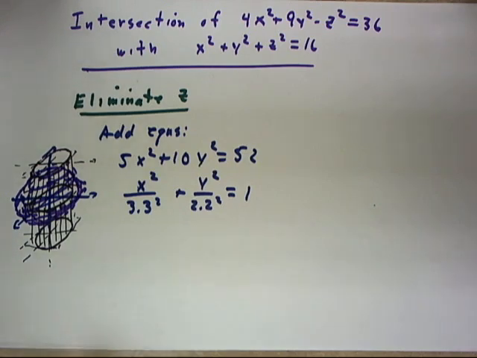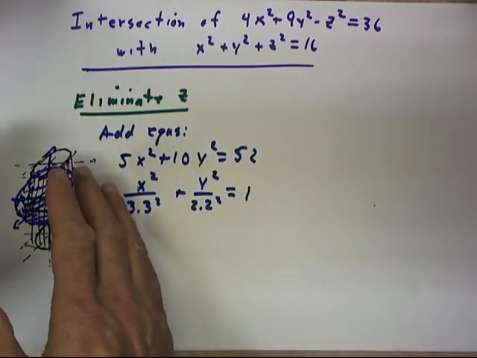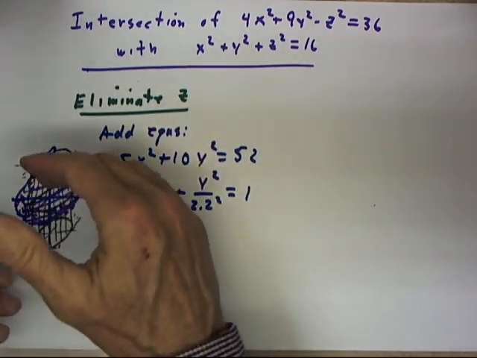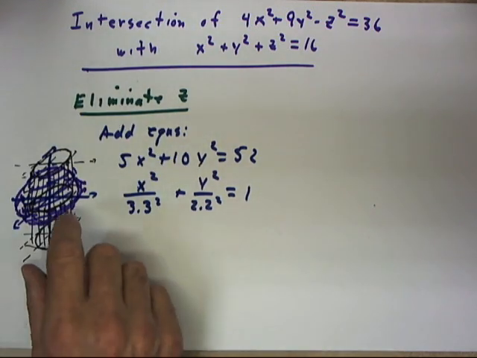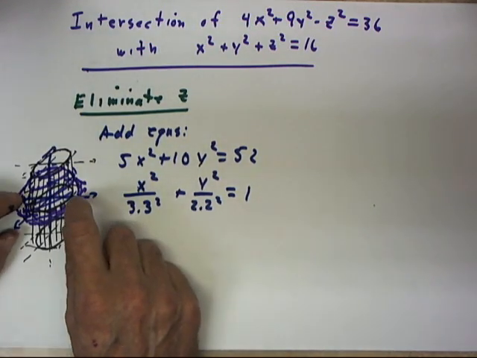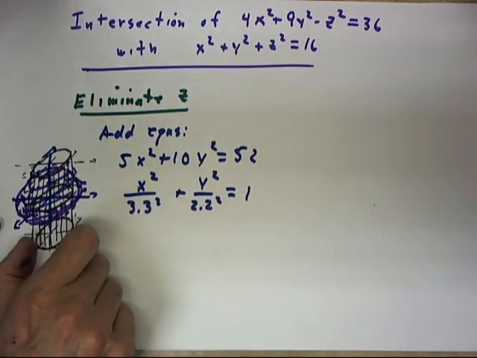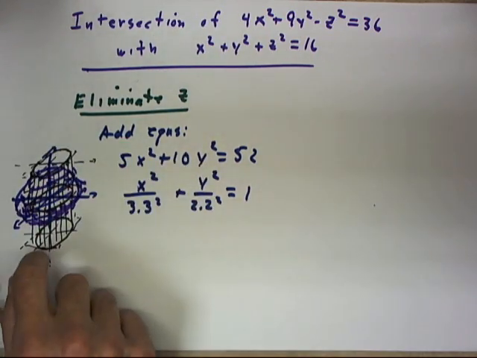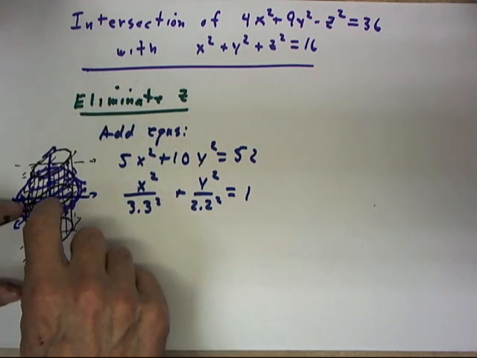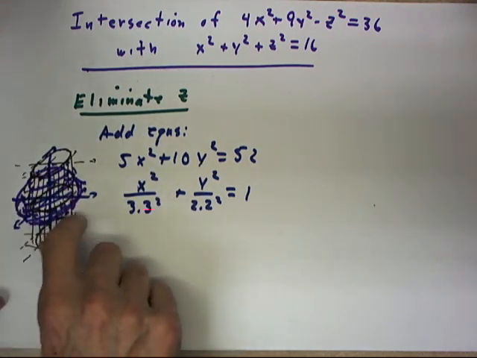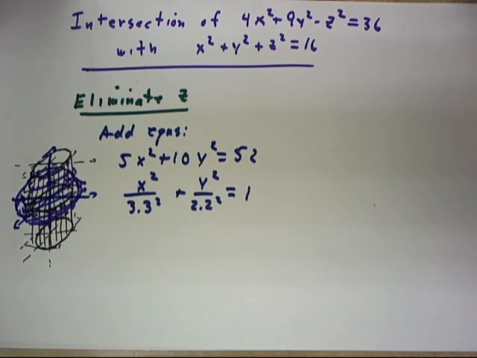Now, had we drawn the elliptical hyperboloid that represents this surface, it would have intersected this elliptical cylinder in exactly the same points that the sphere does.